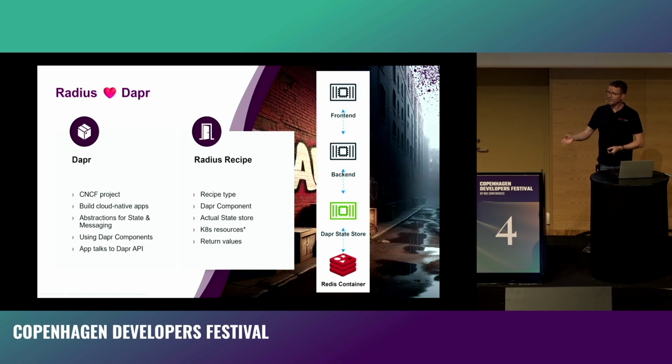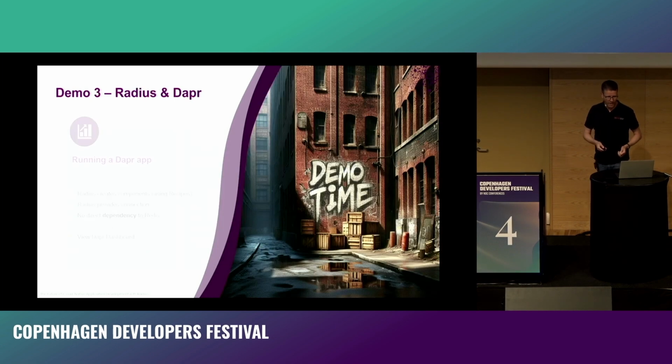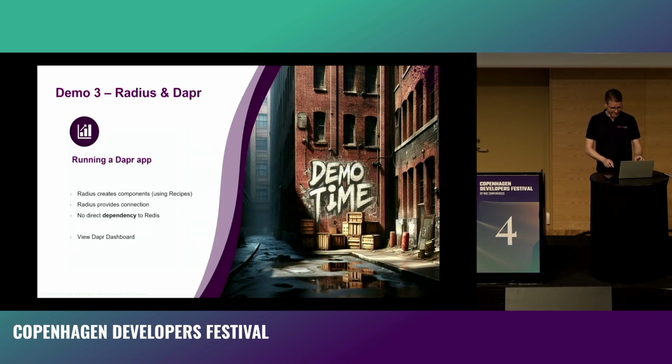And that means that I can just say, well, I will define a recipe for Dapr state store. And the actual implementation, as a product team, you don't really care about it. And as an operations team, you can say, well, for test, it's OK to run a container. For prod, it's OK to run on Azure or AWS or Google. Really nice. Right, let's see this in action.